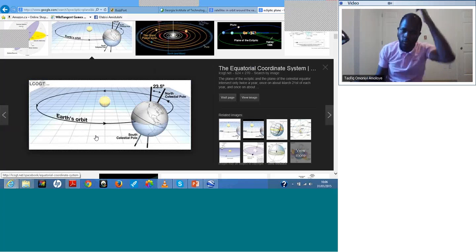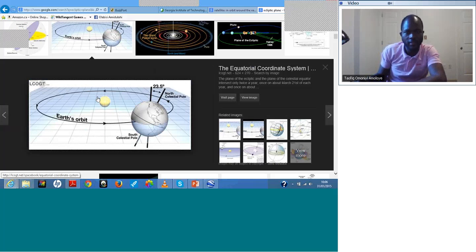So what it just means is that if you were to have a very advanced view of the orbital plane of the Earth around the Sun, this is what you would see. That's the Sun as one of the foci, and that's the orbital plane.